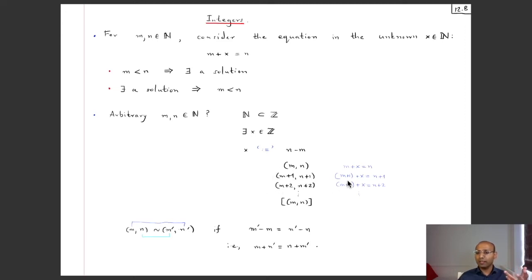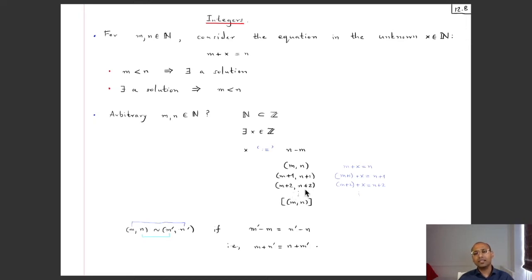And I can keep playing this game. So I can add 1 again, and the same x should also be associated with the ordered pair m plus 2 comma n plus 2, and so on. So somehow, if you view this ordered pair as the integer x, then that x should also be associated with this ordered pair and this ordered pair and so on. So somehow all of these ordered pairs are indistinguishable as an integer.